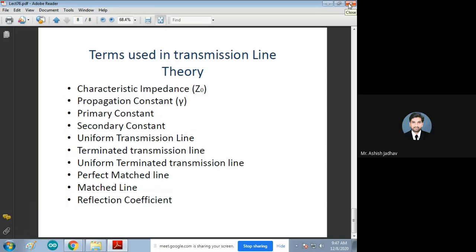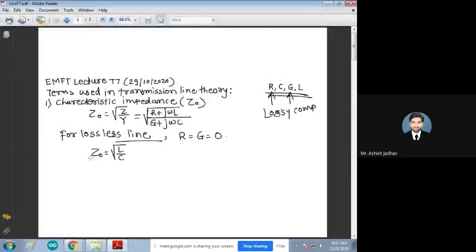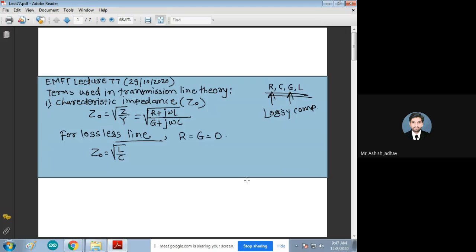Maybe in the next class notes we will get it. So these are the terms used in transmission line theory. First term is characteristic impedance. The notation used for that is Z0, and its value is Z0 equal to the square root of Z upon Y.